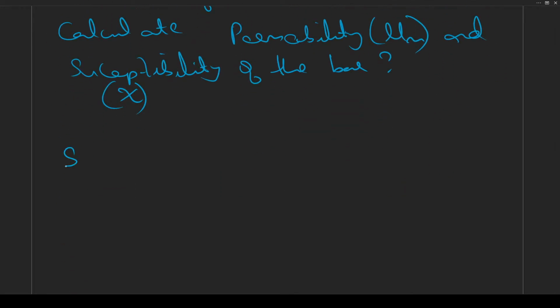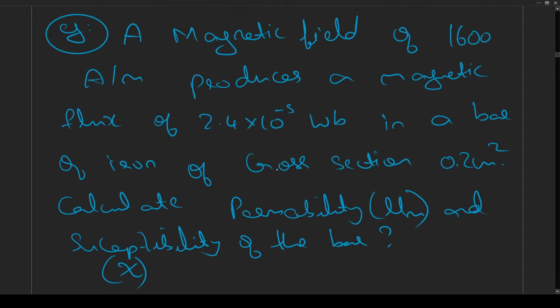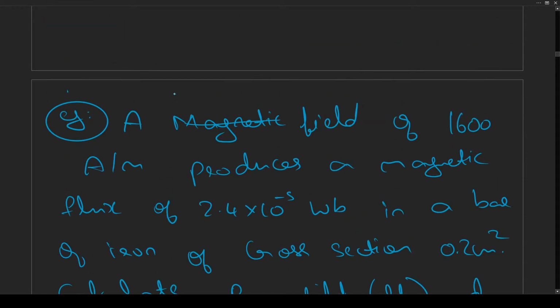Now solution, we know that B equals phi by A. Magnetic induction equals phi by A. This 1600 is not a magnetic field, this is a magnetizing field, basically the H value, the magnetic intensity.